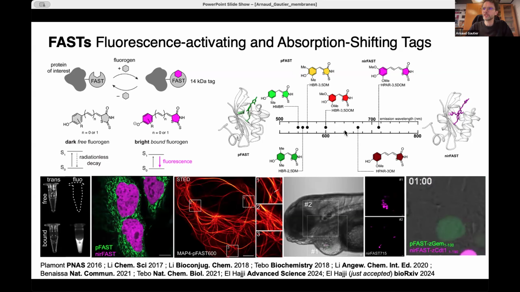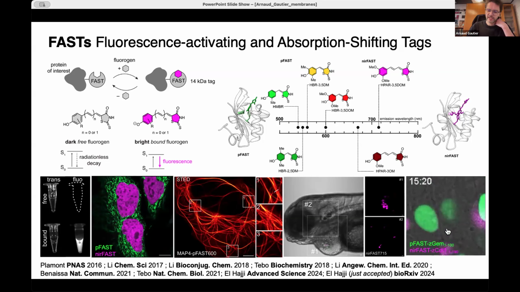And we even evolved recently a new version that we called near-infrared FAST, NIR-FAST, that binds this time a chromophore with an elongated pi system, which now emits in the far red and near-infrared range. And interestingly as well, these two tags can be orthogonal depending on the chromophore we use. And so we can do two-color imaging like this image here or this movie here.